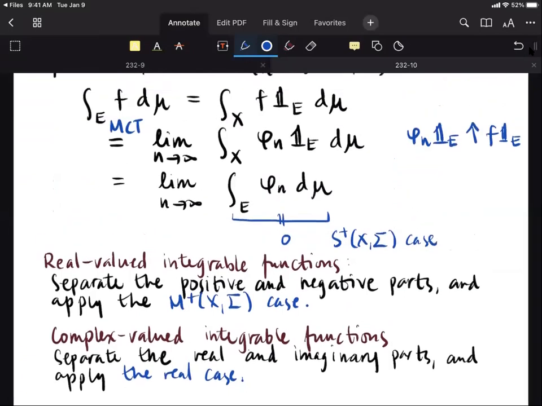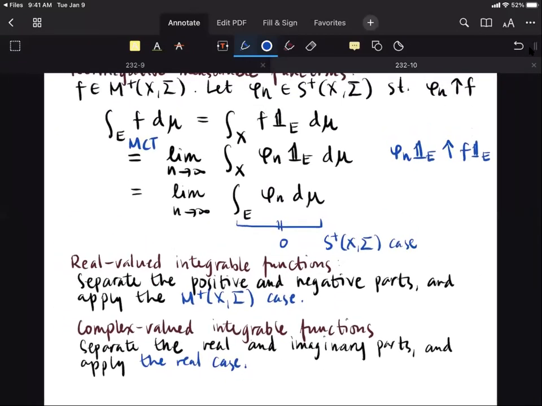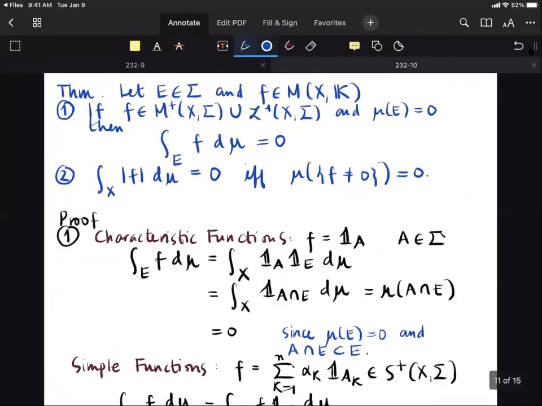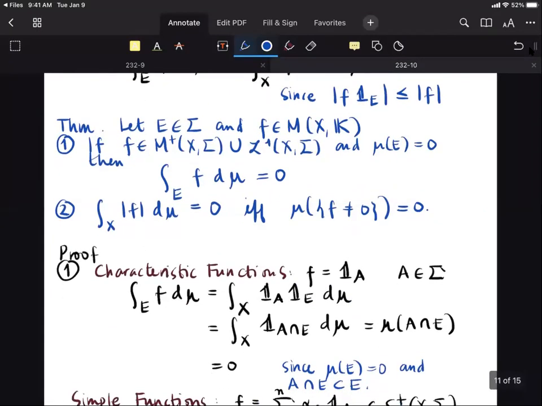So that's the proof of the first equation. For non-negative measurable functions or for integrable functions, the integral over a set E having measure 0 is also 0.